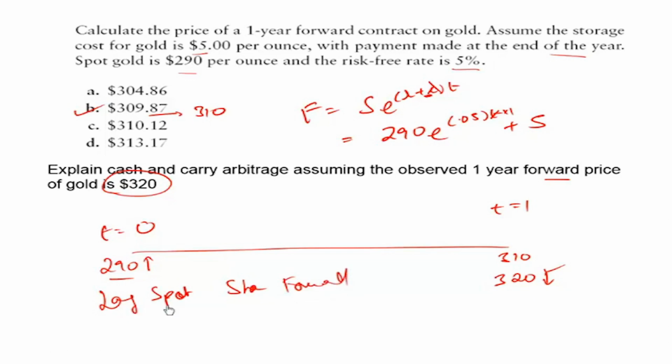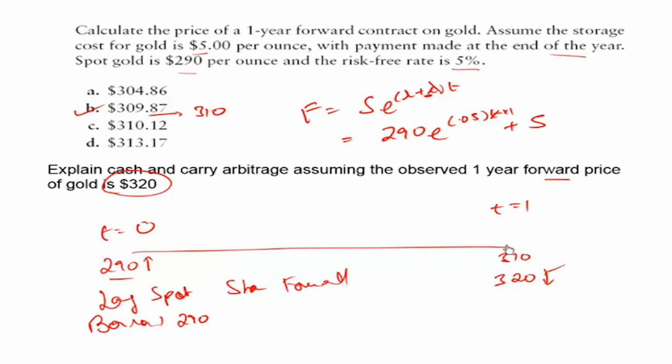To go long in the spot, we will need to borrow $290. Assuming we are working with just 1 ounce of gold, and we can work with 10 ounces, 100 ounces also. If you are working with 1 ounce, then we will borrow $290 and buy 1 ounce of gold and sell it 1 year later.